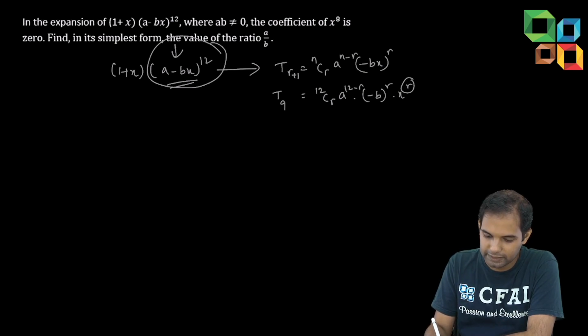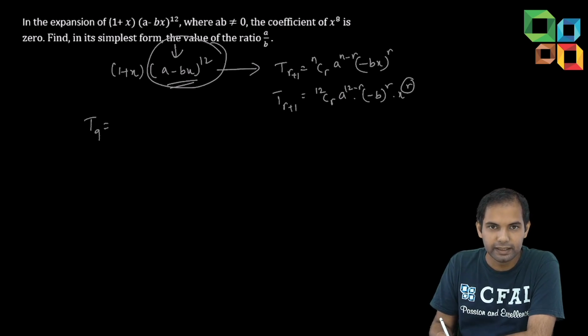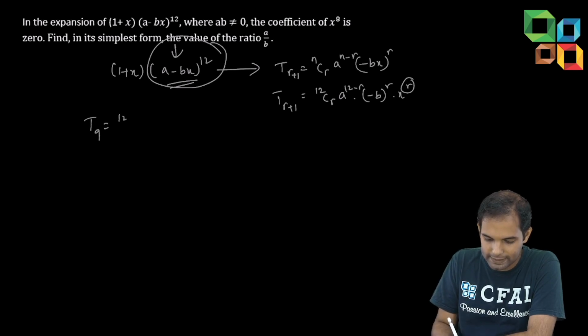So let me write this as t of r plus 1 itself. It's not changed there. So let me write t9 separately: 12c8, right? This is 8 plus 1. 12c8 into a power 12 minus 8, which is 4, into (minus b) whole power 8 into x power 8.